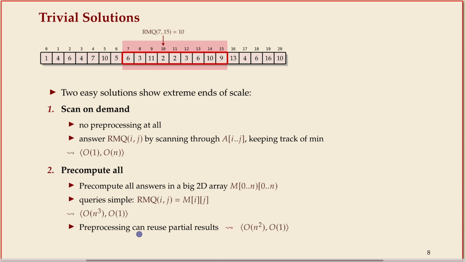If you iterate over the subproblems in a slightly smarter way, then how do you get from M[i][j] to M[i][j+1], for example? So I make the range one bigger at the right end.